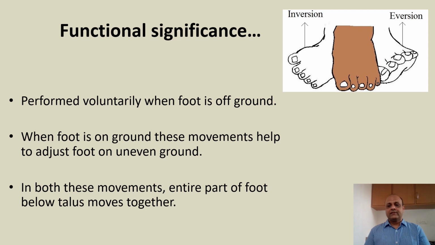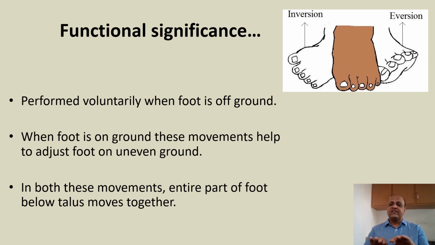So last but not the least is the functional significance of inversion and eversion. Well, these movements, inversion and eversion, are performed voluntarily when the foot is off the ground. Okay, when the foot is on the ground, these movements help us to adjust on uneven ground.